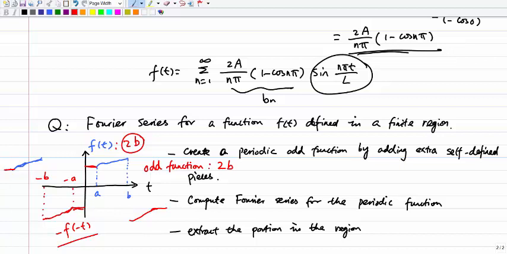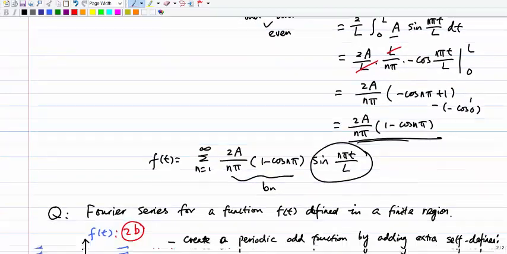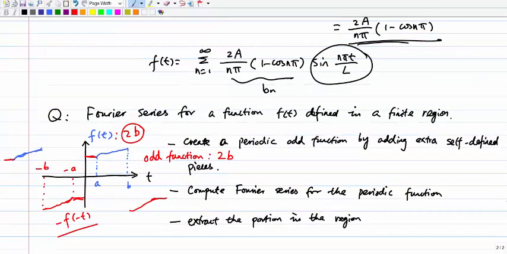I can compute a Fourier series for a period, like I mentioned before. And because it's an odd function, the computation only depends on the Bn. So a0 and an are always equal to 0, right? Then I just have to restrict this to the region for this f(t). Once you find it, you just define this function in that region.